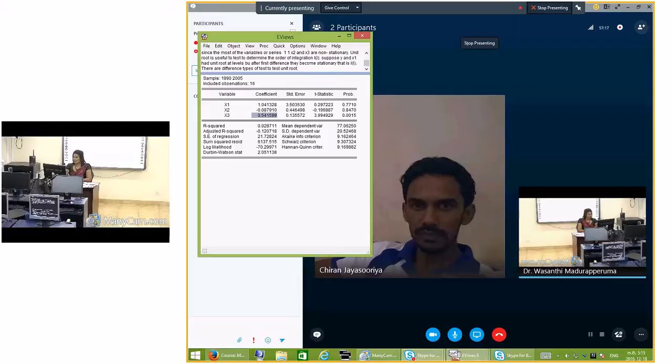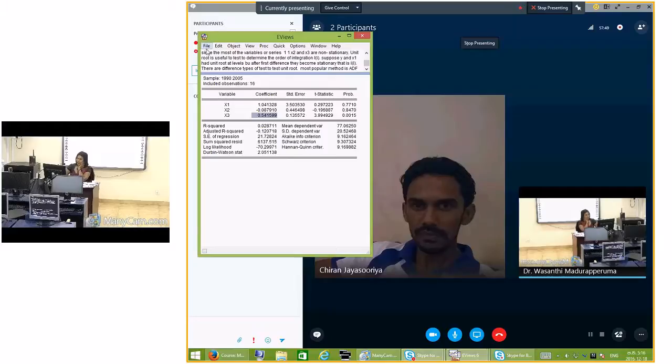The most popular method is the augmented Dickey-Fuller test. The augmented Dickey-Fuller test is used to test for unit roots. Right, so let's check the unit root in each variable.